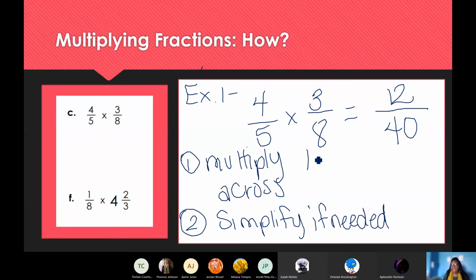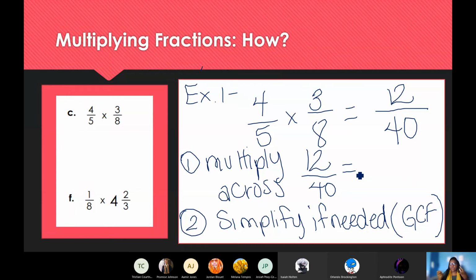So that's why we spent some time doing GCF and LCM last week, because we have to find our greatest common factor and divide by it. So if I were to list the factors of 12, in other words, all the numbers that multiply together to give me 12, I would have 1 and 12, 2 and 6, 3 and 4.